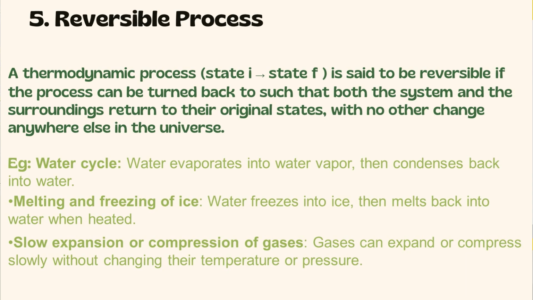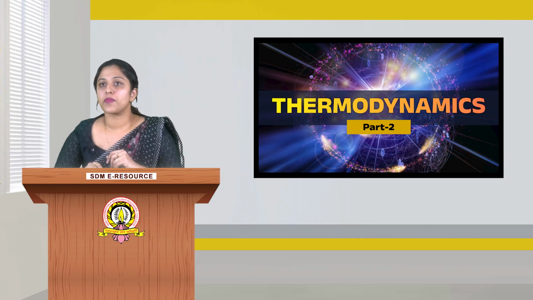We can also consider melting and freezing of ice. Water freezes into ice, then melts back into water when it is heated. Or we can consider slow expansion or compression of gases. Gases can expand or compress slowly without changing their temperature or pressure. So this comes under reversible process.